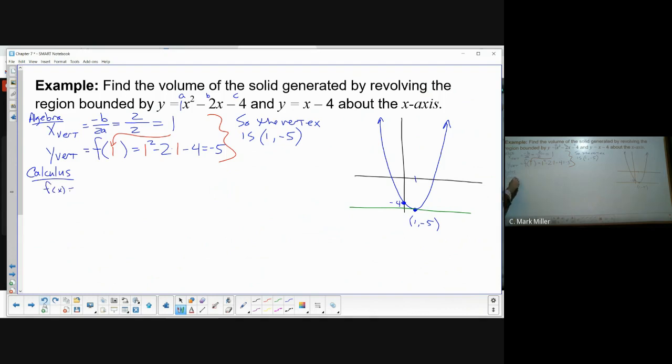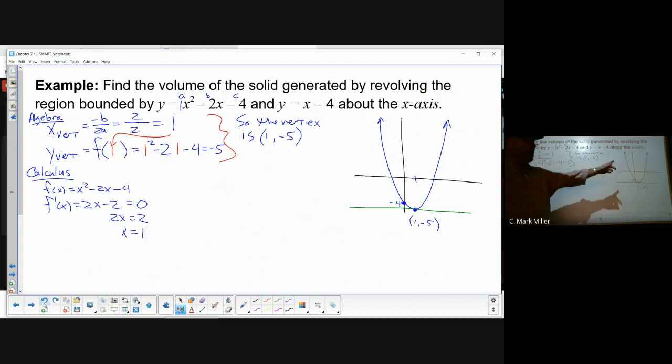Your function is... f prime is what? 2x minus 2. You set that equal to 0. That gives you 2x equals 2, or x equals 1. So it tells you at x equals 1, you have a critical number. So you know the slope is flat at x equals 1.